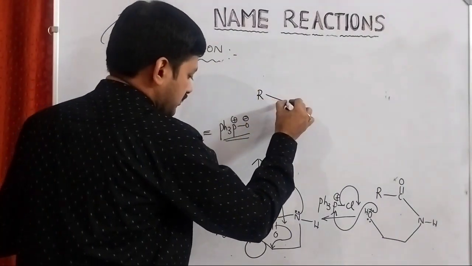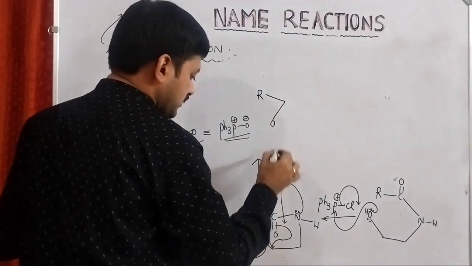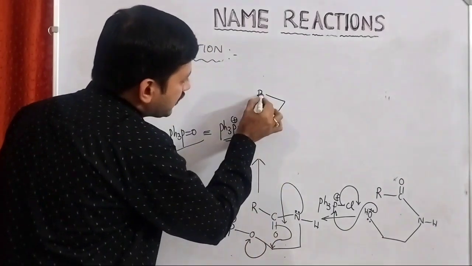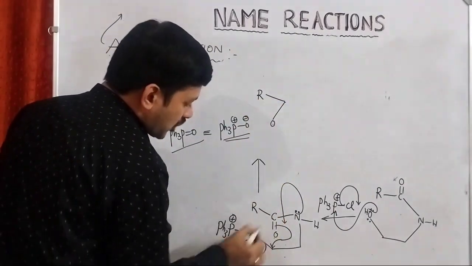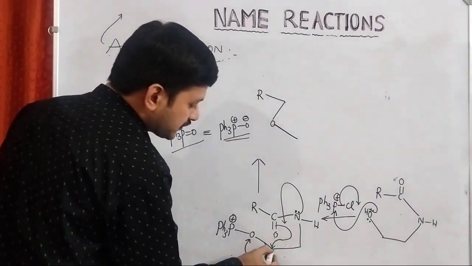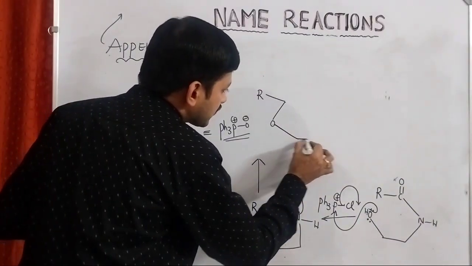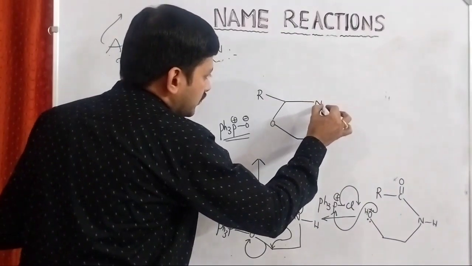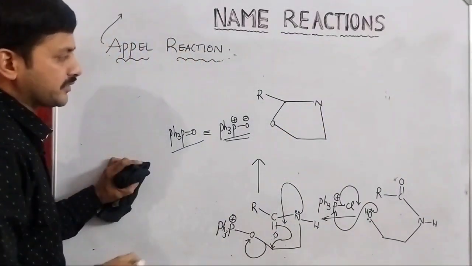R, oxygen. See this one, R is connected to carbon, carbon is connected to oxygen, oxygen is connected to another carbon, this carbon is connected to another carbon, this carbon is connected to nitrogen, nitrogen is connected to this carbon.